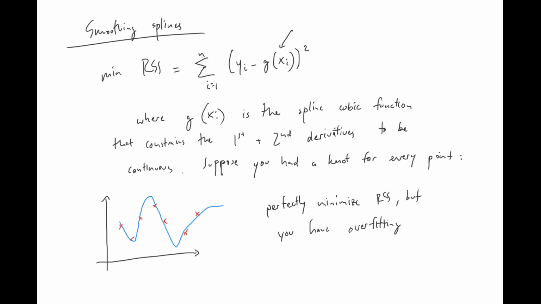In the same way that the ridge and lasso say, throw in all the variables, here we're going to say, put in a knot for every data point. And what we're going to do is shrink the second derivative.